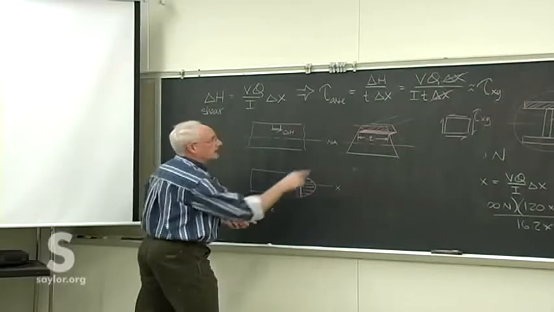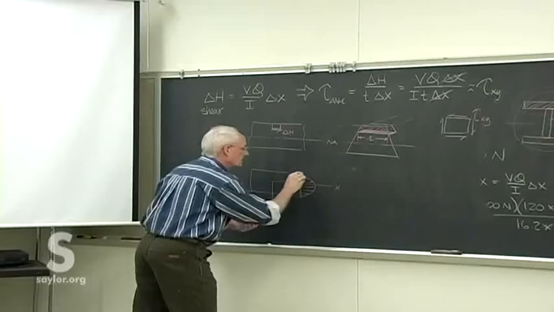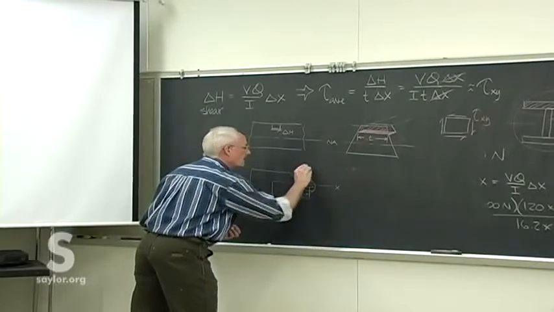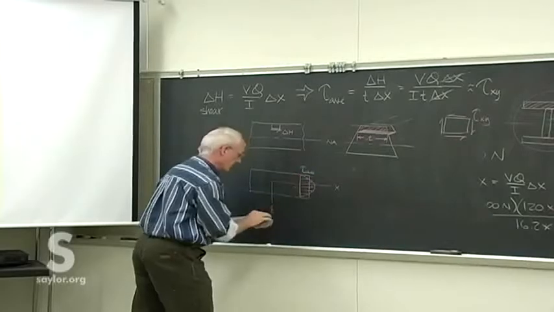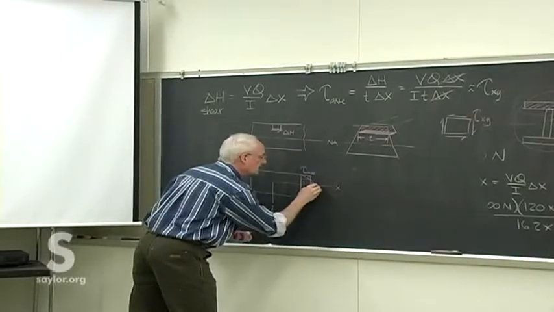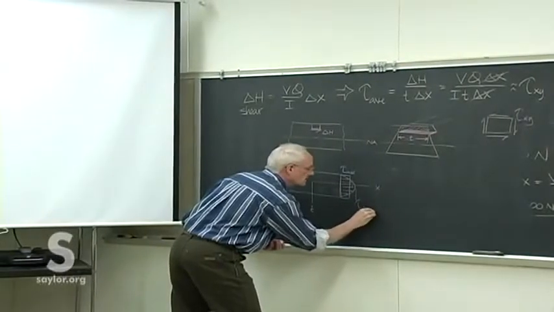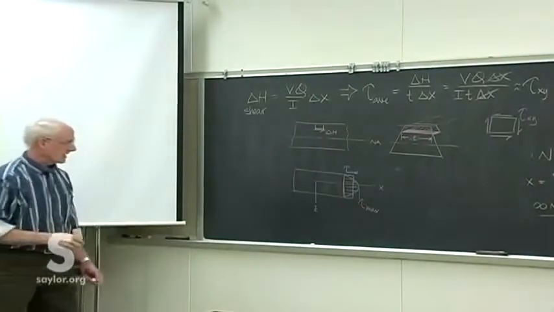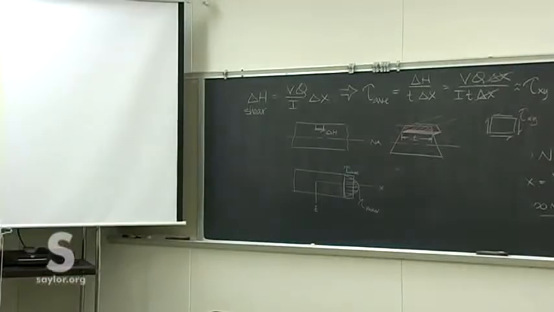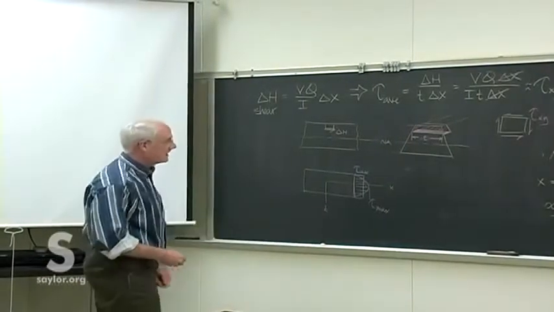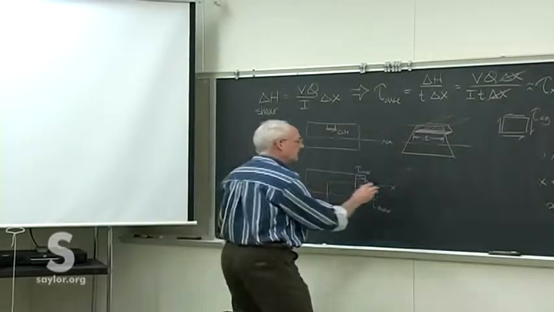And what we're looking at is the average shear stress. And so we are underestimating it a little bit because there is a maximum shear stress down the center region. And we're underestimating that a little bit.